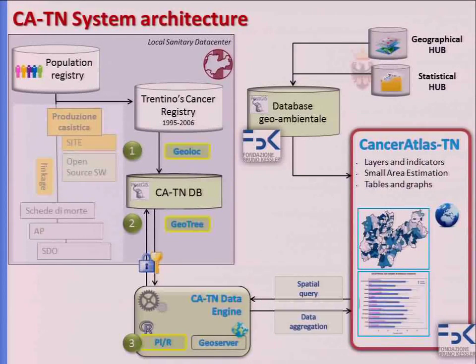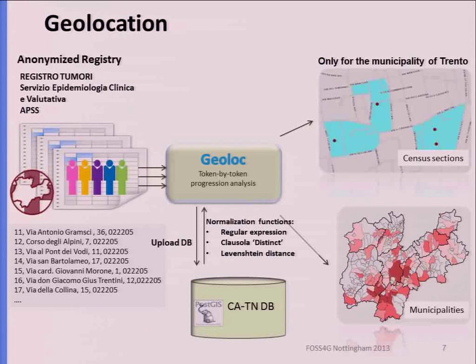In the next slides we're going to focus on three elements: the geolocalizator, the geotree, and the PLR. The geolocalizator: when we study and map epidemiology and diseases, we're talking about sensitive data. So we have to take care about privacy, and therefore we thought about a distributed solution.